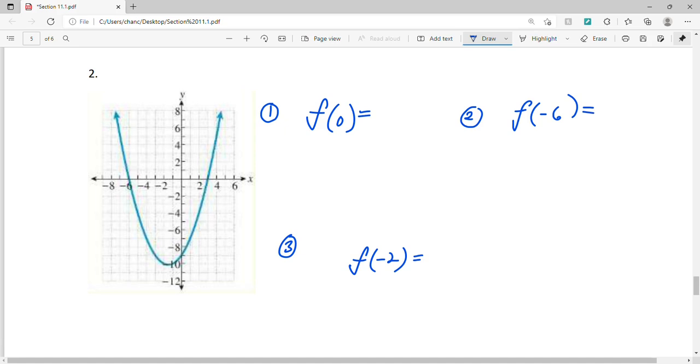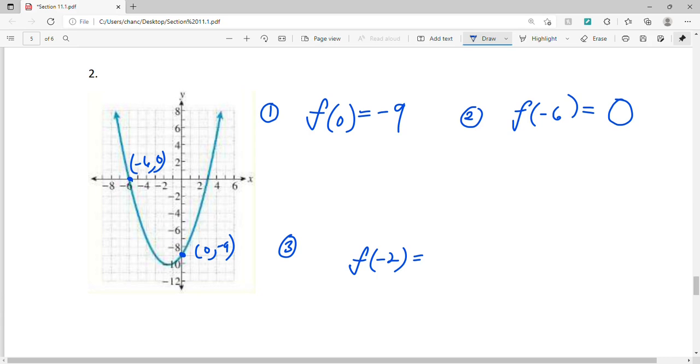For number 1, f of 0, the x coordinate is going to be 0. So that's the point 0, -9 on the graph. So f of 0 is -9. F of -6, we'll have to look for the x coordinate of -6. And this is -6, 0. So f of -6 is 0. What's f of -2?